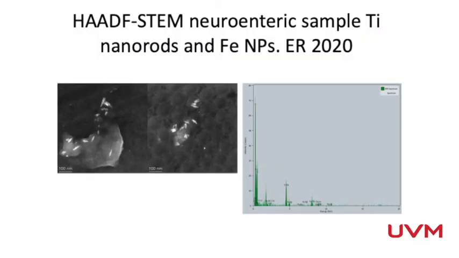And in this other picture, this is a neuroenteric sample from a resident in Mexico City, and this neuroenteric material is present in your small bowel. Now, these are nanorods of titanium, and the only source for those nanorods is electronic waste.